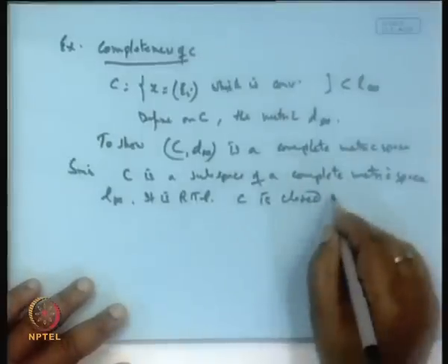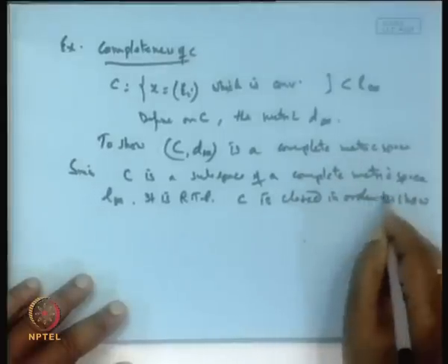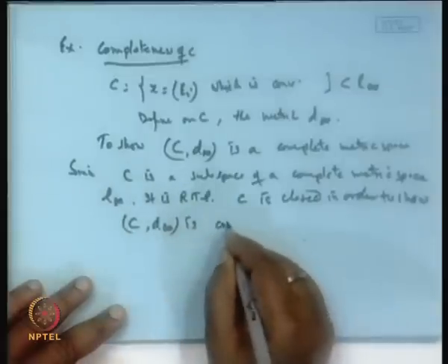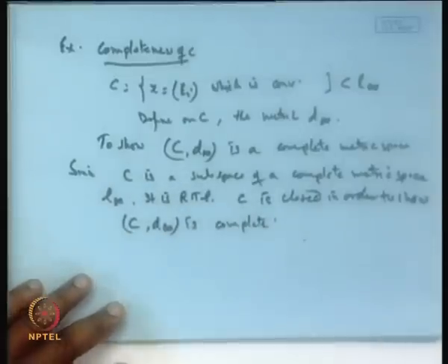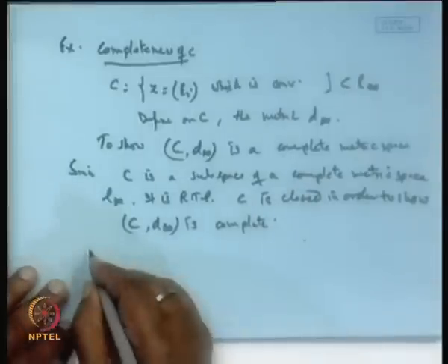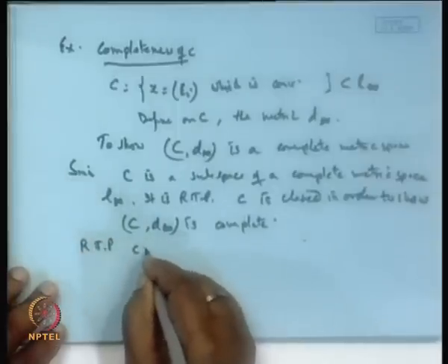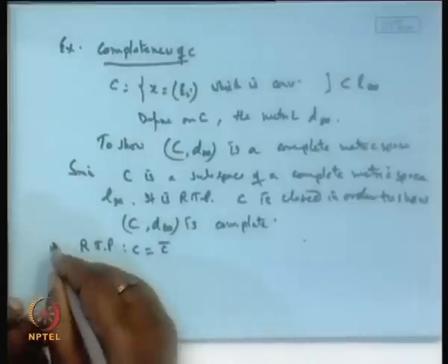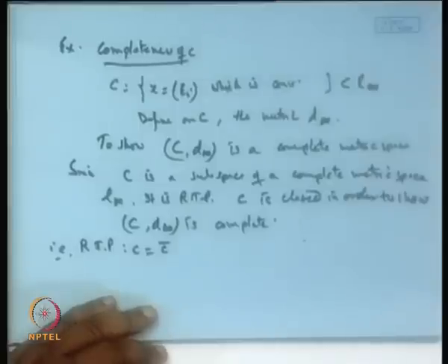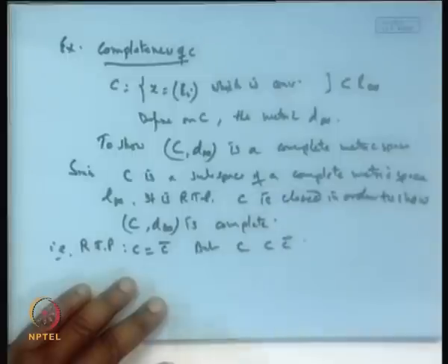C is closed in order to show that (c, d infinity) is complete. C is closed means it is required to prove c is equal to c bar. C is closed means it must be equal to its closure, but c is already a subset of c bar.